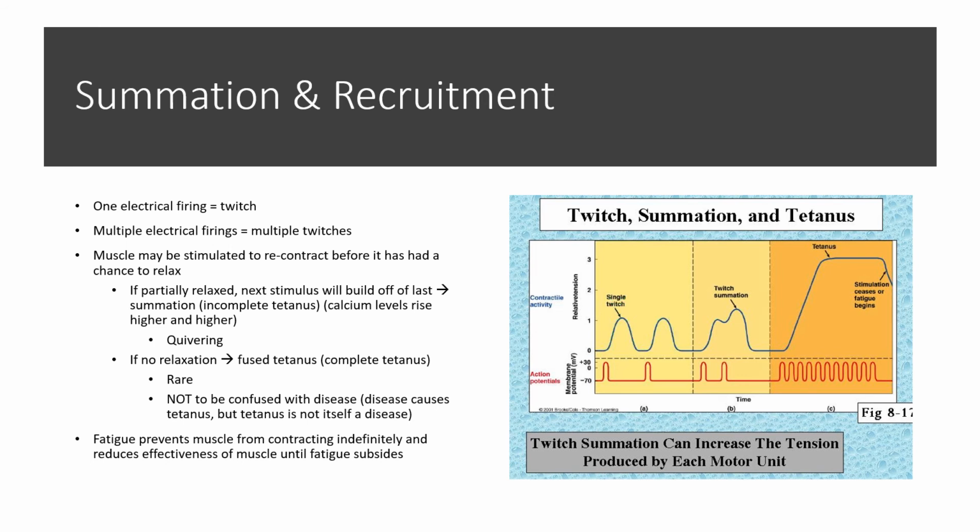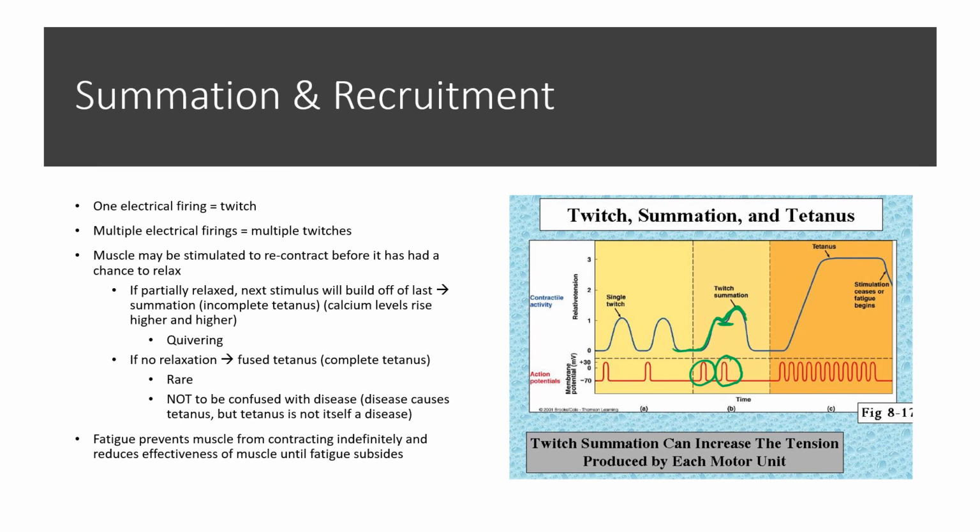If you fire electrical signals fast enough, you can build their strength on top of one another. So you send an electrical zap to the muscle. It stimulates the muscle to contract, but before it gets a chance to fully relax, you send another zap. And so it contracts again, only this time its baseline is higher.